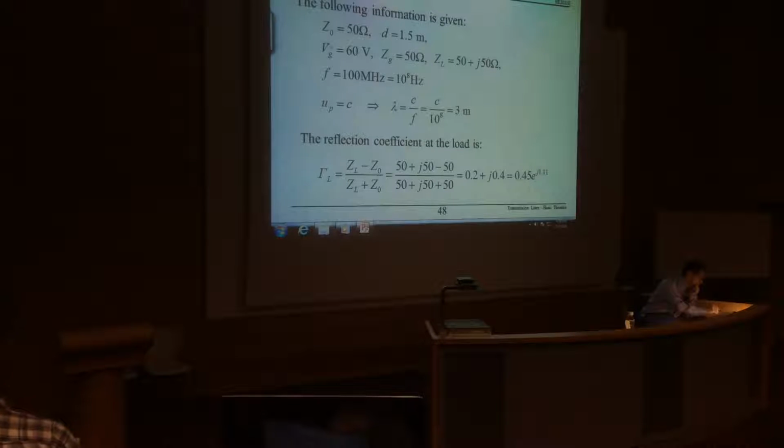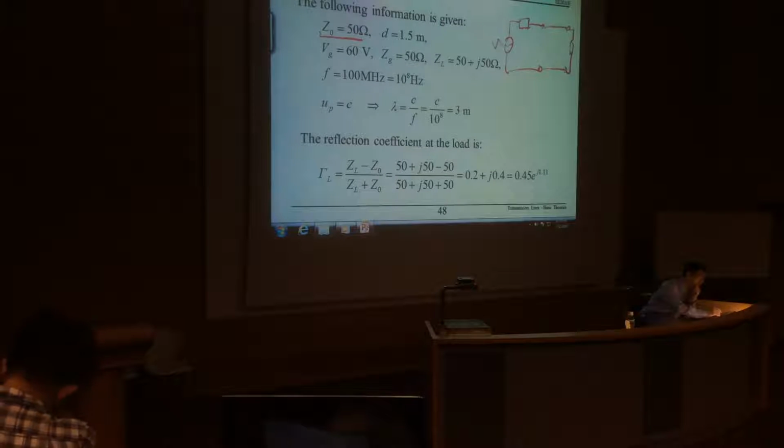the following information is given: our characteristic impedance. We can write here the source VG, then the impedance, then the load. This is very classical. Vs, Vg, Vl, V0.